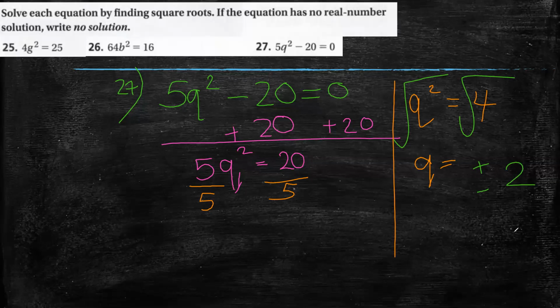Teacher, why 2 and negative 2 if 4 is positive? Because if you have q squared equals 4, that means if you multiply 2 times 2, you get 4. And if you multiply negative 2 times negative 2, you get 4.